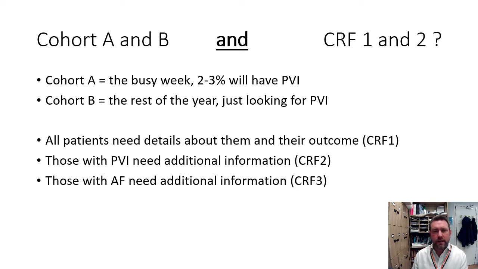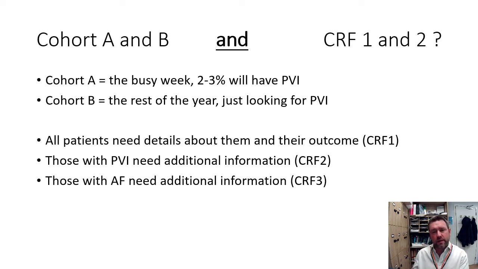The way to do that is a second cohort of patients collected over the course of the rest of the year. Initially, we were going to have Cohort A collected by each centre and then Cohort B following that, but actually it doesn't matter. You can do Cohort A for a week within the year, and Cohort B is the rest of the year. In terms of the data we collect, every patient in the study has the main information about them and their surgery and their outcome.